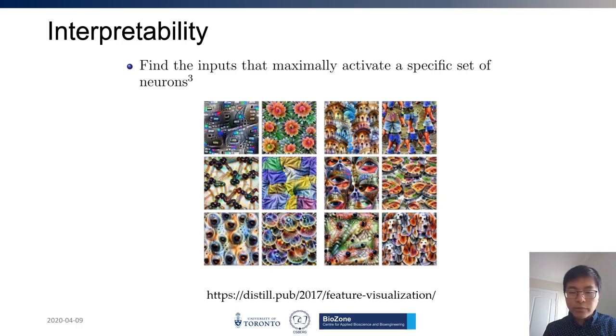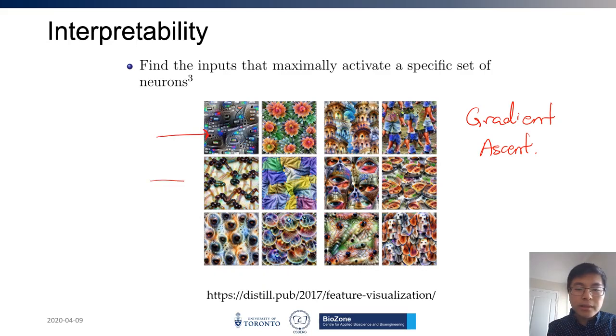So one example of this is looking at the neurons in convolutional neural networks for image processing or computer vision. What they do is select a subset of neurons, then perform gradient ascent rather than descent. Essentially, they try to find the input values, in this case images, that maximally activate that set of neurons.